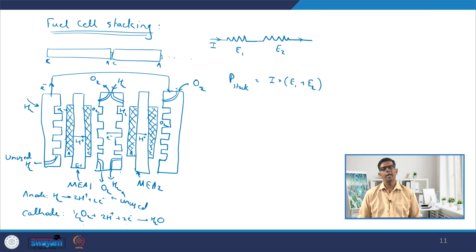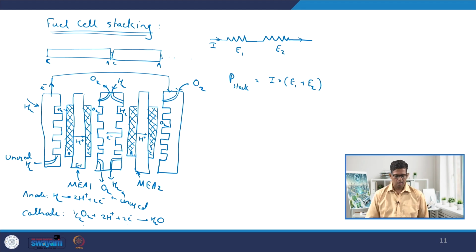And the reason why fuel cells are put up in series combination instead of parallel in a given stack is primarily because, as we have seen earlier, if the area or size of the electrode increases, we can also expect the current to increase proportionally. So, for typical areas of 300 or 400 centimeter square, we can expect a current of roughly 300 amperes.